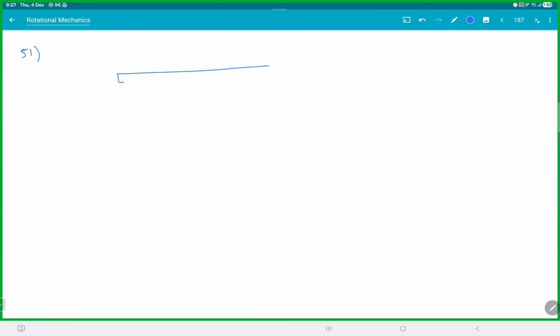So let's say we have a rod. This is a hinge. Mass M and length L, released from horizontal position. Then the rod will start swinging because of gravity.